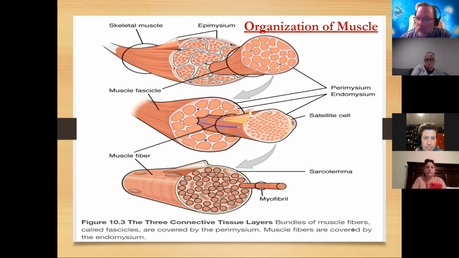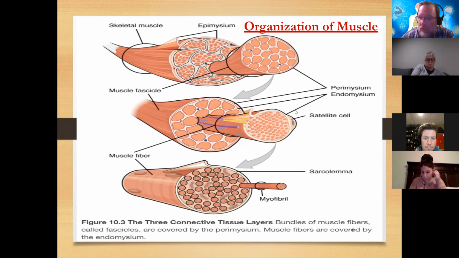So what would this endomysium be, and again, this is just kind of thinking about cells. When we look at this muscle fiber or muscle cell, we called this layer around it the endomysium. We could also possibly call that the cell membrane, even.